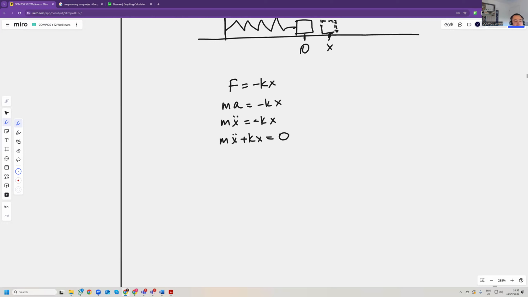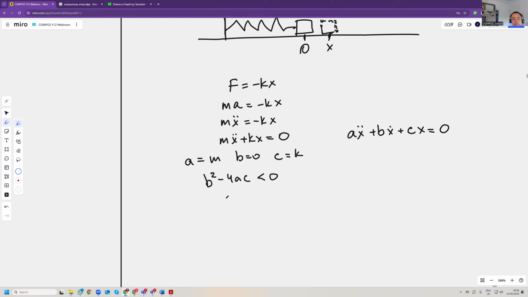Interesting. So this is a differential equation, right? And as you can see, comparing it to a x double dot plus b x dot plus c x equals 0, you can see that a is m, b is 0, and c is k. b squared minus 4ac is negative.